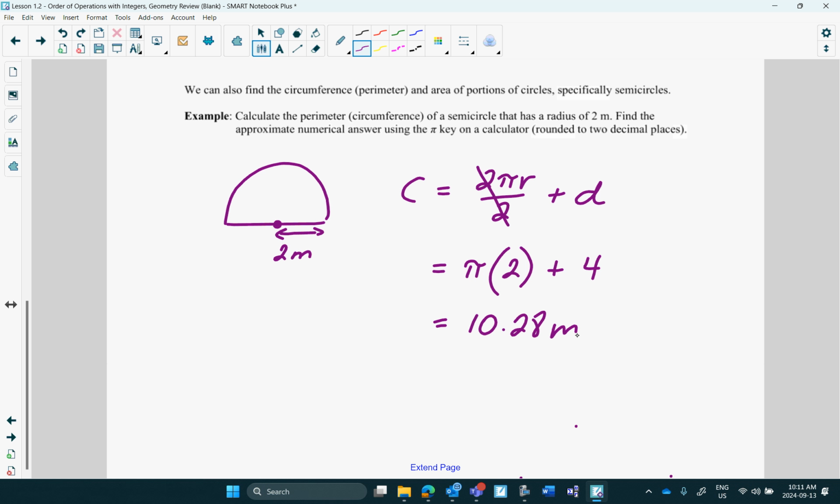So that's a semicircle. Again, not going to be doing a lot of these, but you should be familiar with it. Okay.